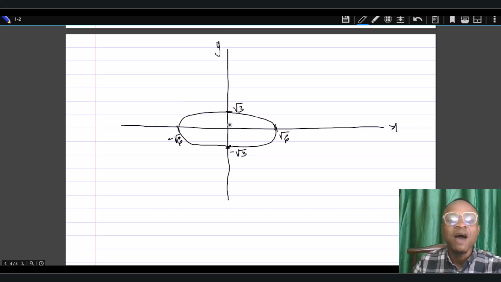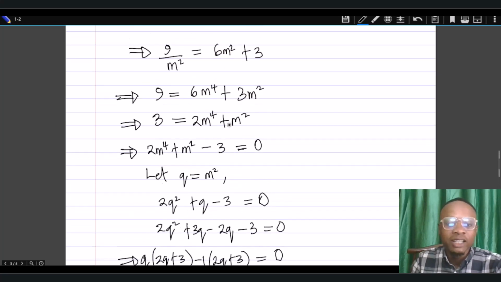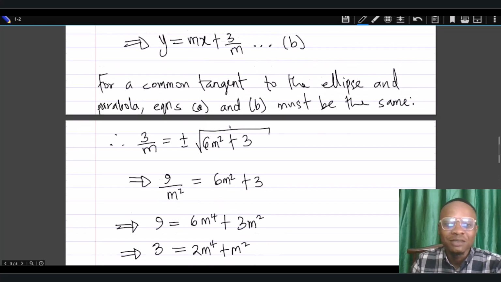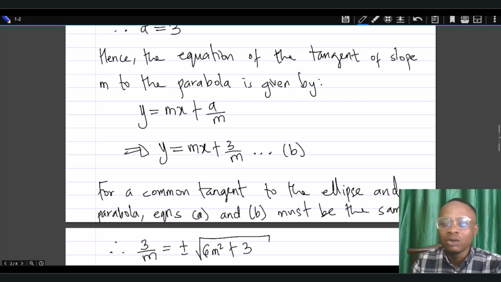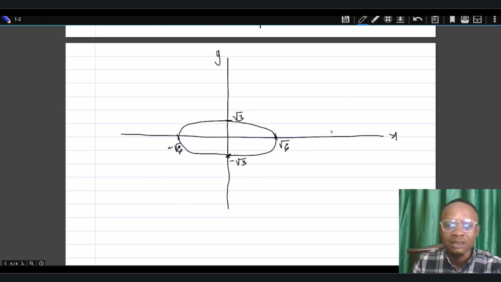And then for our parabola, for which our a is equal to 3, as we have noted earlier, we can also sketch that parabola. We know that, because a is positive and y is squared, it will be facing the x-axis, so we're going to draw that out here.